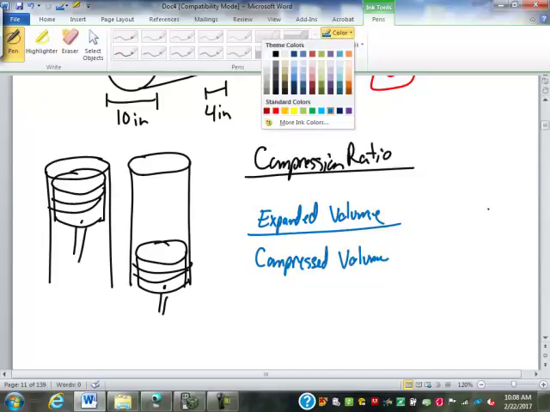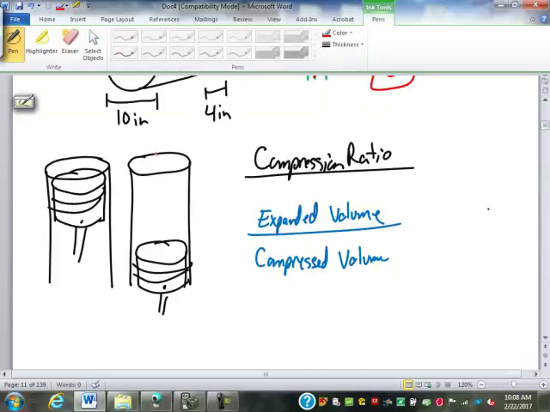So the expanded volume is when the piston's at the lowest part of the stroke, so the maximum volume above the piston within the cylinder. Let's say that is 480 centimeters cubed. The compressed volume is when the piston's at the top of the stroke, so the minimum volume above the piston. Let's say that is 60 centimeters cubed. So this is 480 over 60.